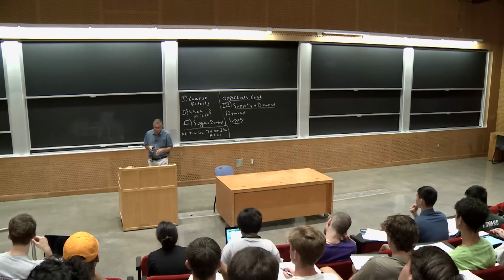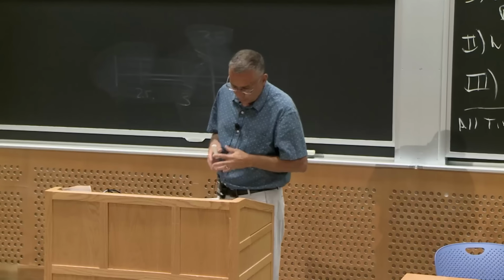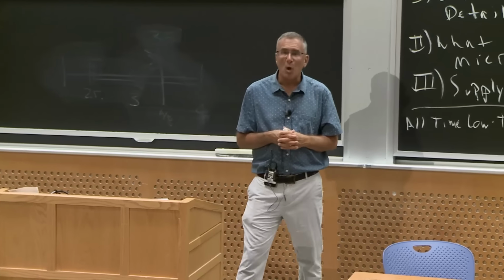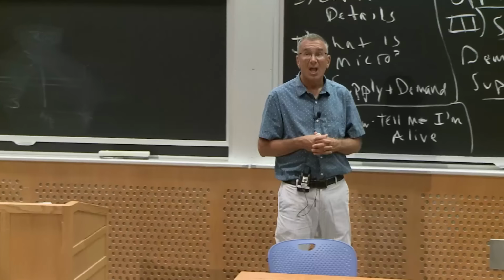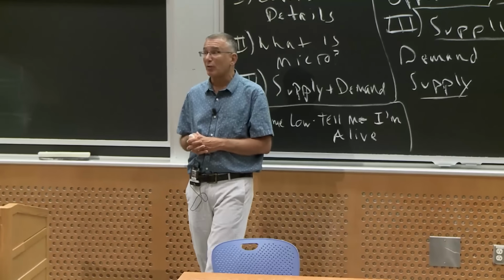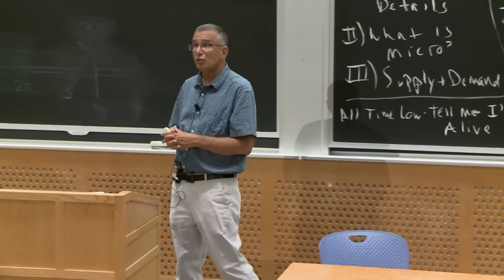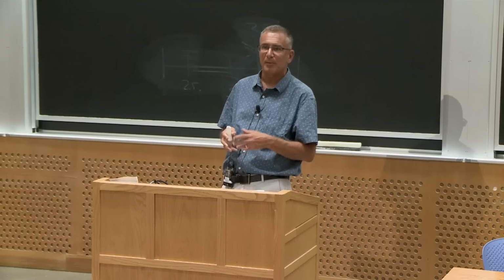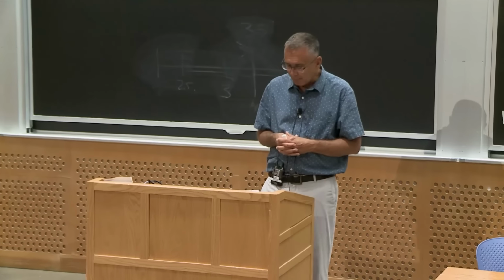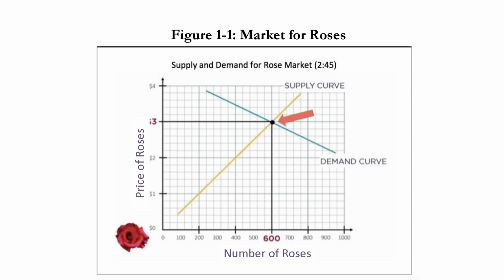All right. So now let's talk about the market for roses. In figure 1.1, we have the market for roses. Okay? On the x-axis, the horizontal axis, we have the quantity of roses. I'm going to, by the way, try to have handouts for all the graphs because my handwriting is so brutal. So hopefully if all goes well this semester, you should never see me draw a graph on the board. On the x-axis, we have the quantity of roses.